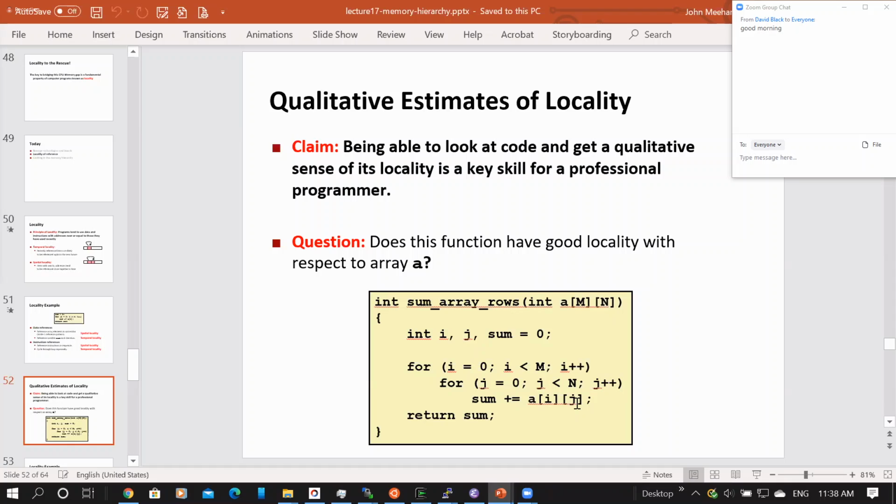So all of the stuff for row I is laid out right next to each other. And so we're accessing within row I, right? And then we increment I to go to the next row, but then we vary the inner subscript fastest. So we're accessing the things within the I plus one row. So yeah, this is exhibiting nice, tight spatial locality because we know that the array is stored in row major order, and this is the proper way to touch every element and sum them all up.